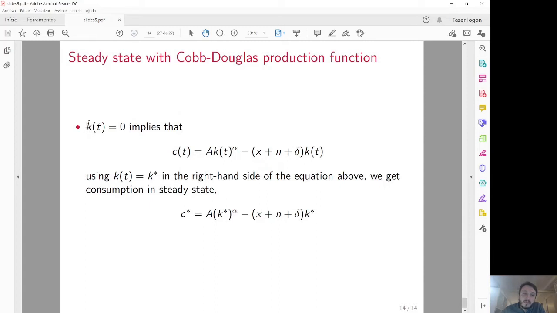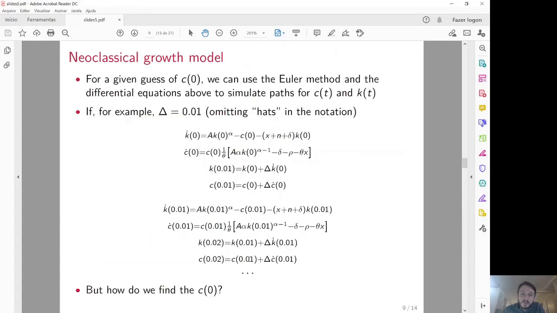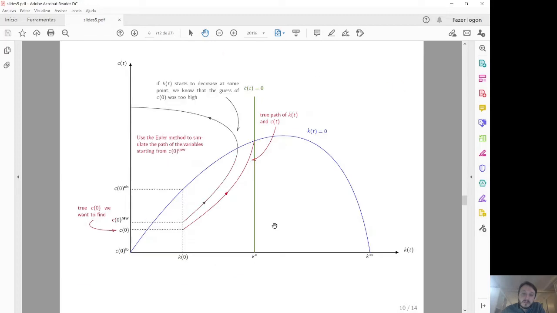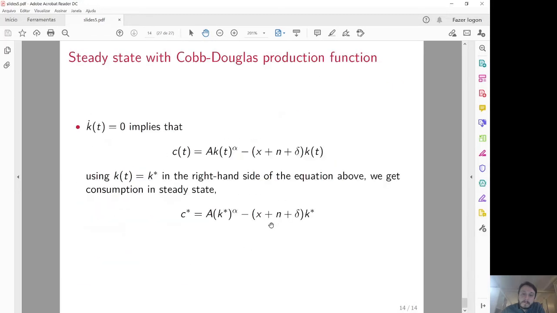And now the case in which K dot is equal to 0 implies that we can write C as a function of capital. Let's go back here. If K dot is equal to 0, we can isolate this C here, put it in the left-hand side. So C0 is equal to f of k minus this linear term, which is written here.